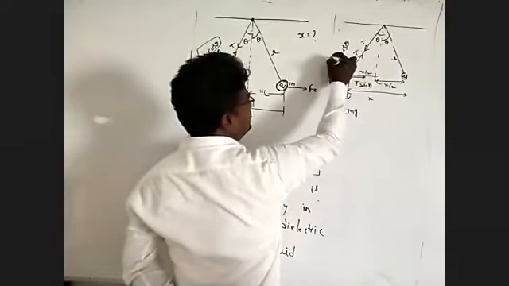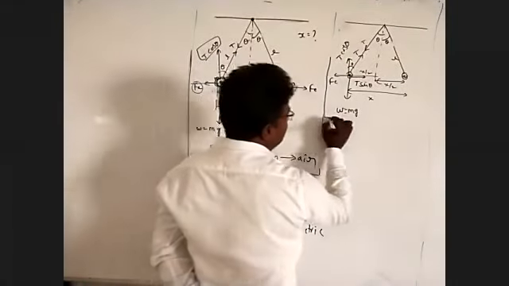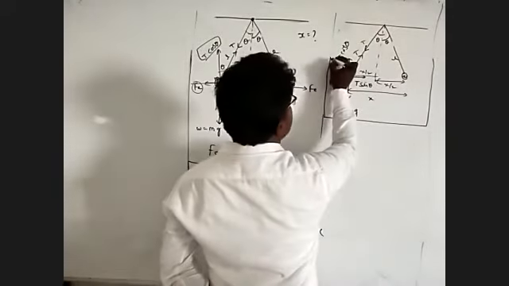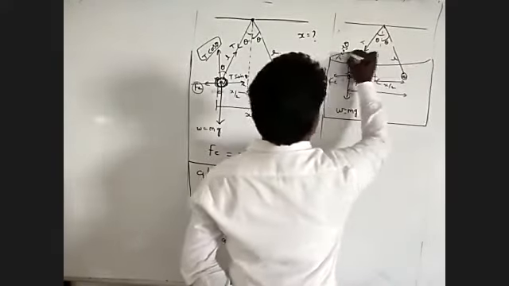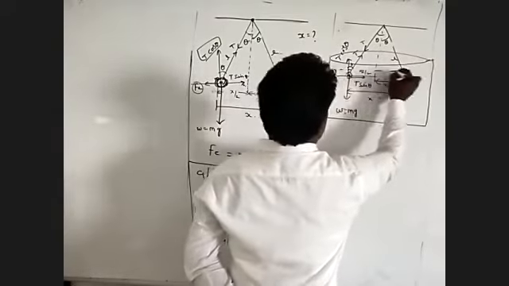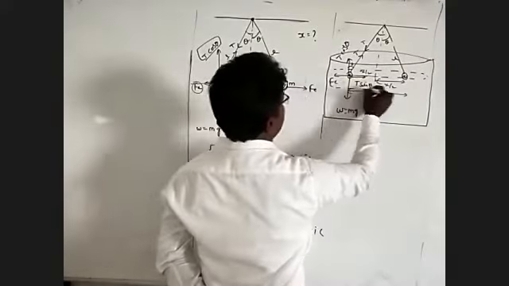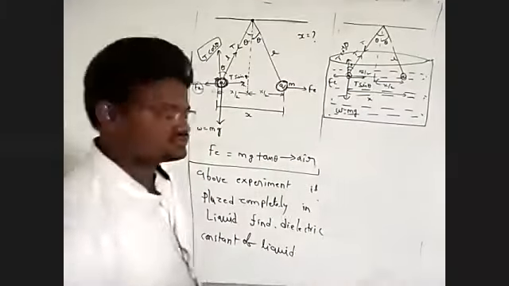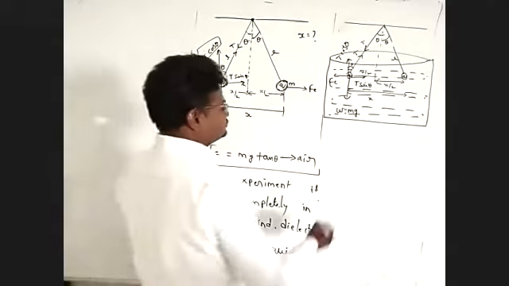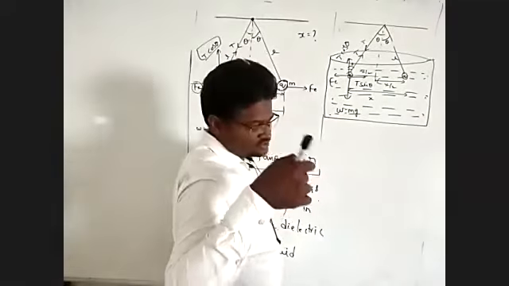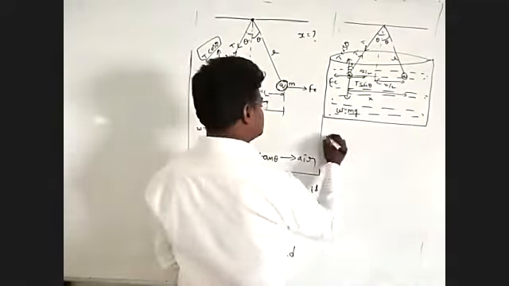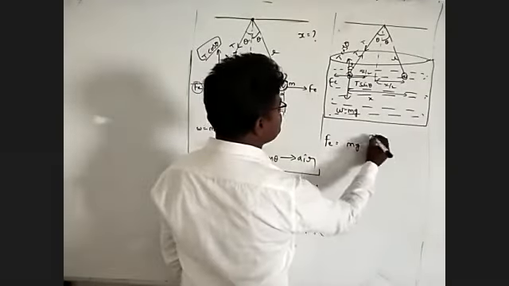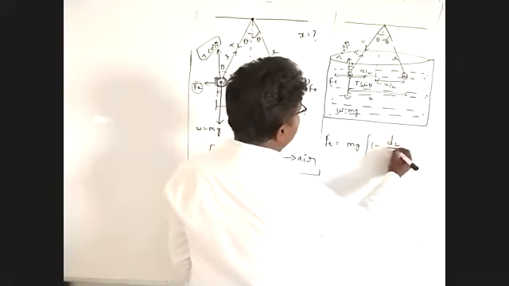This experiment is placed in a liquid. So what will happen in this situation? Already I told you very clearly, I explained so many examples in the first year. Fe is equal to mg into 1 minus dl by ds.